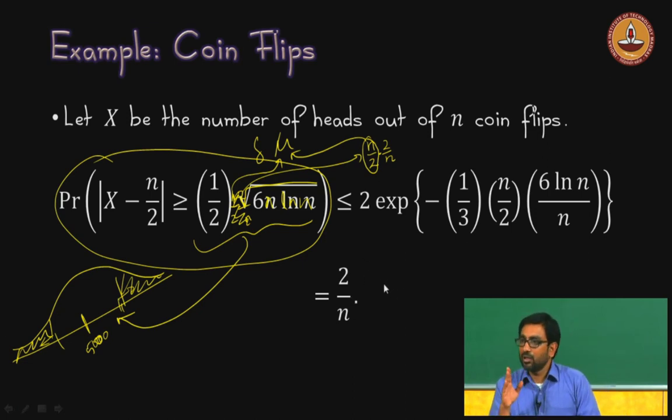And for a similar range, what did we get out of Chebyshev's? I think we got something like 1 over 9. The probability of exceeding 5000 plus or minus 160 we got was something like 1 over 9. But now what are we getting? We are getting 2 over n, so this is like 2 over 10,000.